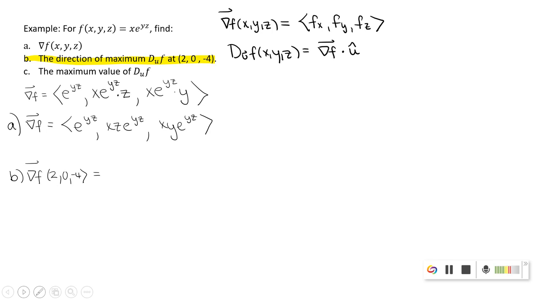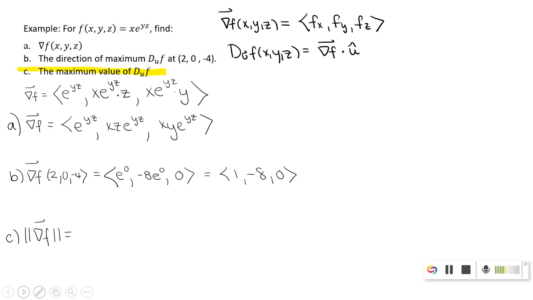So to answer part B, I just have to find the value of that gradient vector at the point (2, 0, -4). So I'm just going to plug those numbers into my answer for part A, into my gradient. So let's see, e to the 0 is 1, and then I get a negative 8, e to the 0, that's negative 8, and then last component is just 0. So in the direction of the vector (1, -8, 0), we will have the maximum value of our directional derivative.